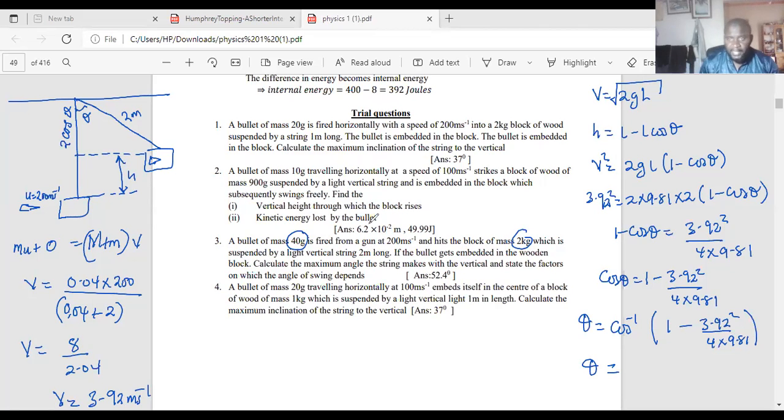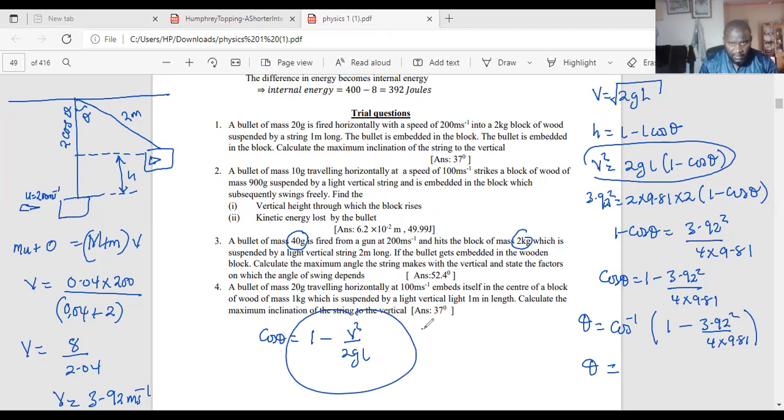And clearly we can see the angle of swing, if you can get what it depends on from here, by saying, remember we derived cos theta as equal to 1 minus v squared over 2gL. So it depends on the following. 1, length of the string. 2, acceleration due to gravity.